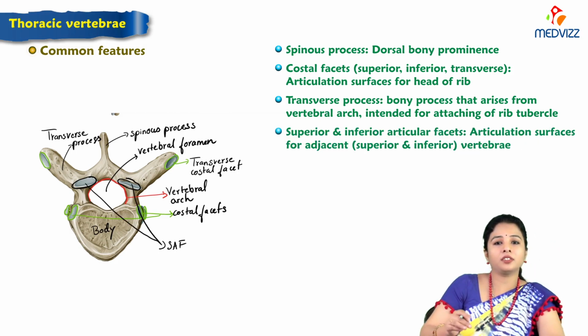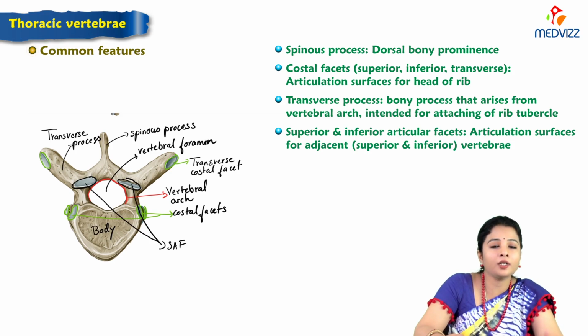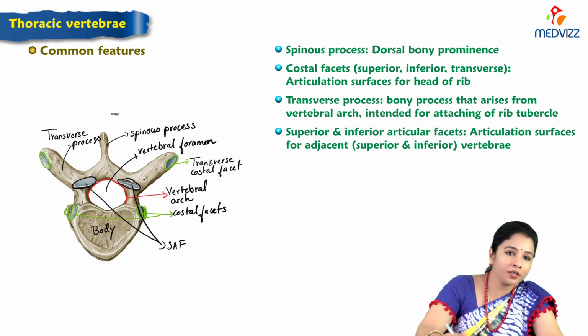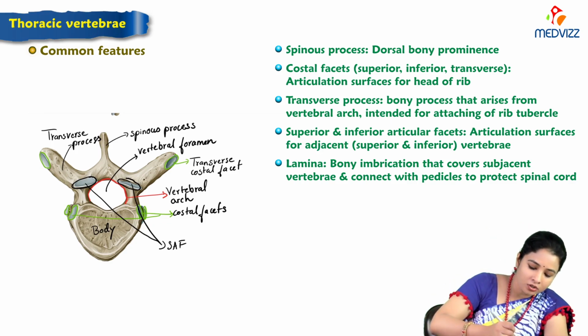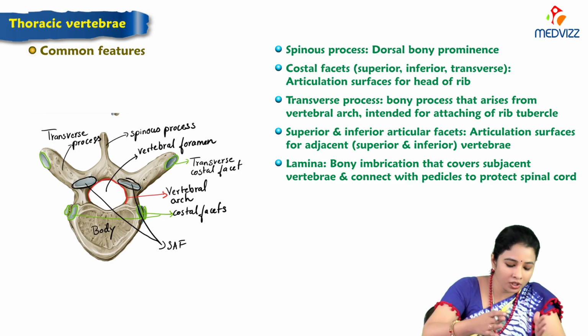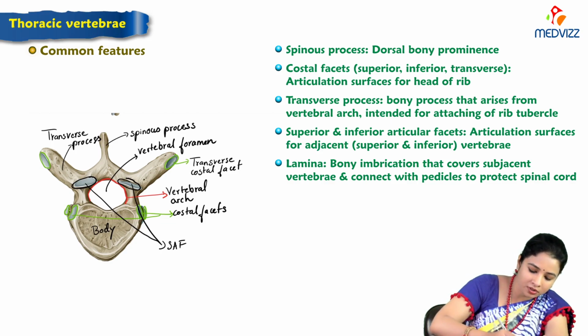Superior articular facets articulate with the preceding vertebra, and inferior articular facets articulate with the inferior vertebra. The lamina covers the subjacent vertebra and connects with the pedicles to protect the spinal cord, and the laminae converge posteriorly to form the spinous process.